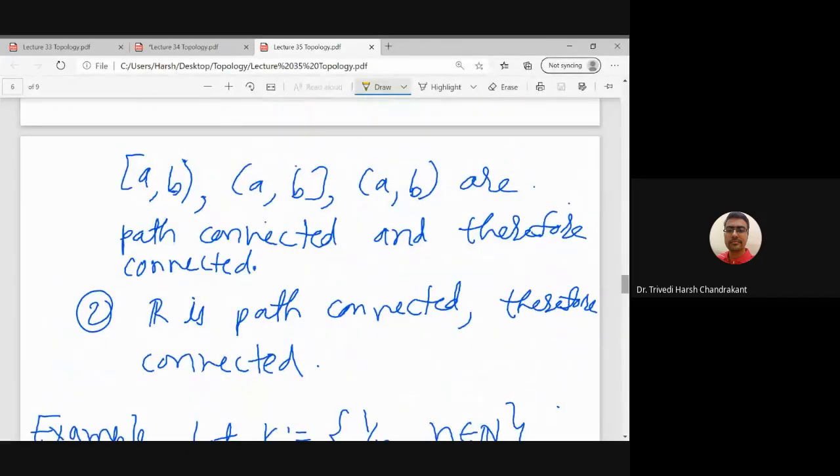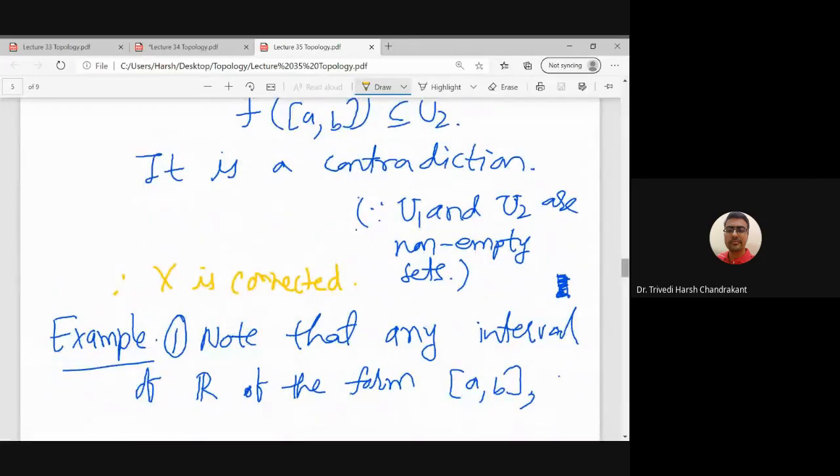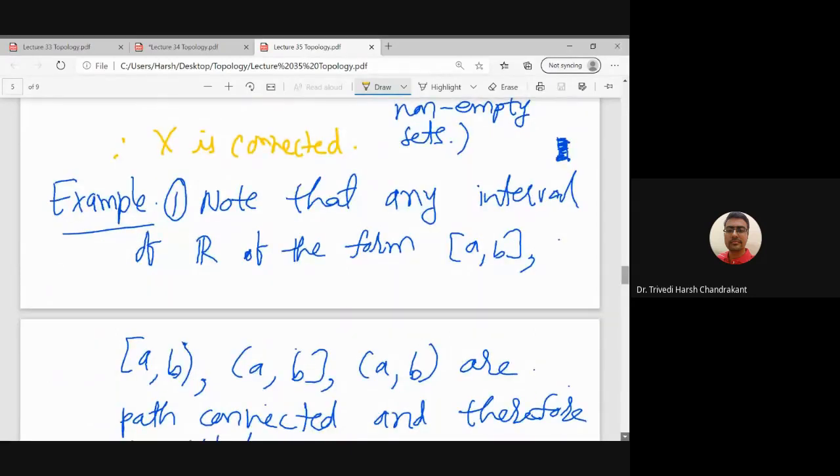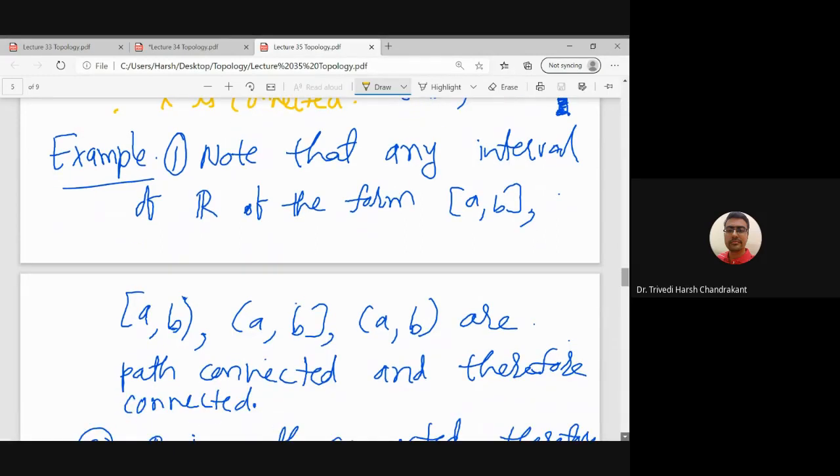So note that using this result we can prove that all the intervals which are subsets of R, of the form either closed interval [a,b], or closed open interval [a,b), or open closed interval (a,b], or open interval (a,b), are path connected, right?